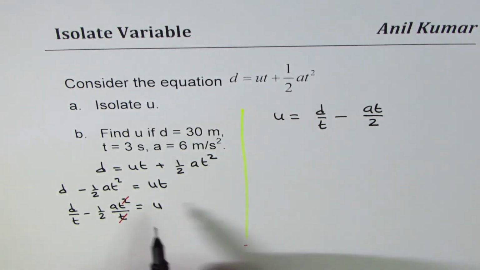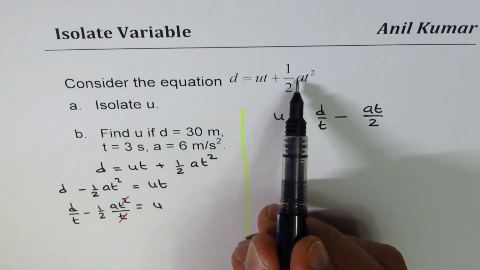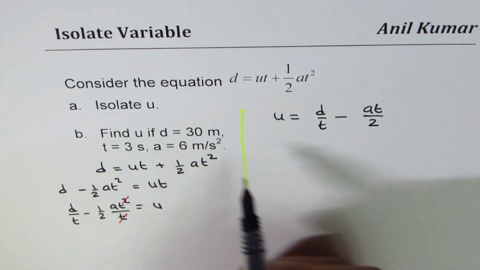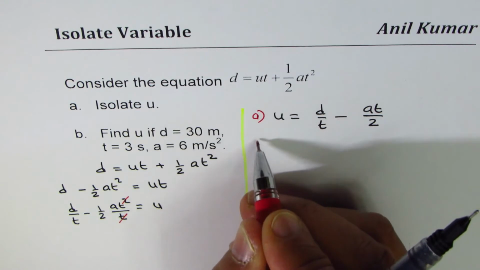So that becomes the equation in terms of u. We basically take half at square to the left and then divide by t to get this equation. So that's part A, right? We have isolated variable u.